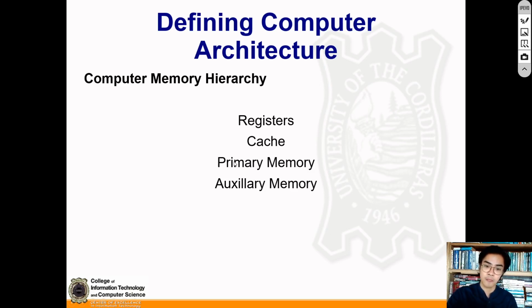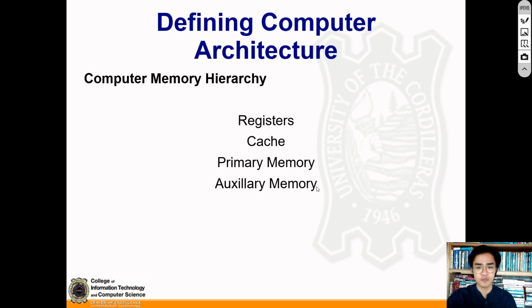Now it's larger than both of these, and the largest in memory space is the auxiliary memory, or your drives. Your hard disk drives, your SSDs, and any of your permanent storage devices. So that's the hierarchy when it comes to size. Registers are smallest, and then your auxiliary memory or your drives are your largest in memory storage space.